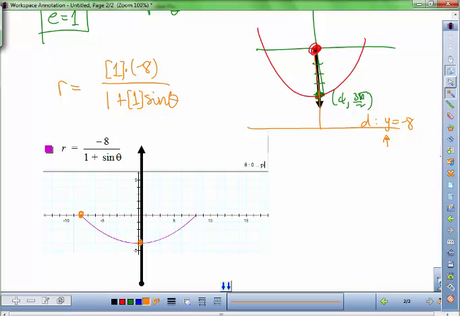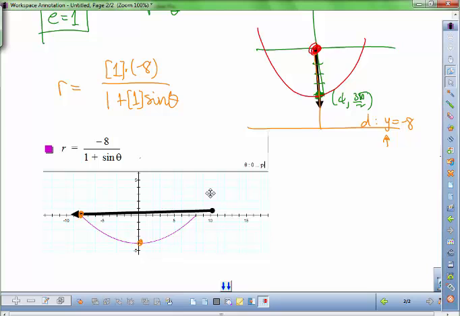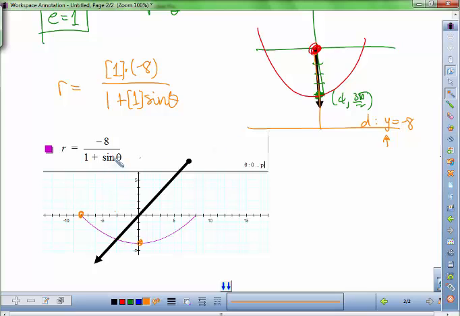And then as I continue on, this thing's continually going to be negative. When I'm at 5 pi over 4, I'll have some value over here that's going to send me as part of the parabola over here somewhere.